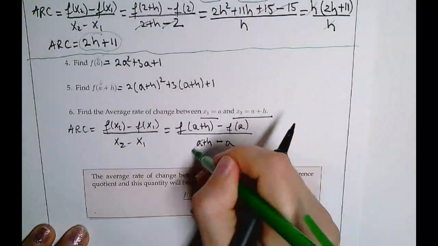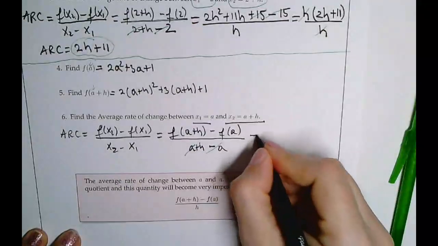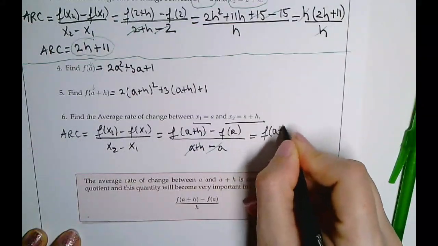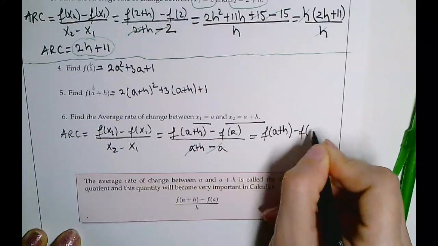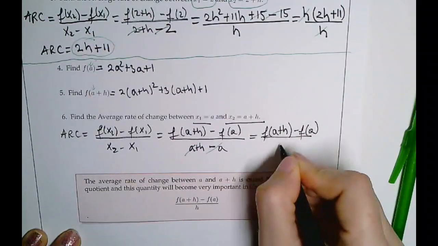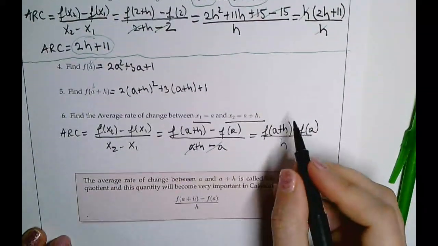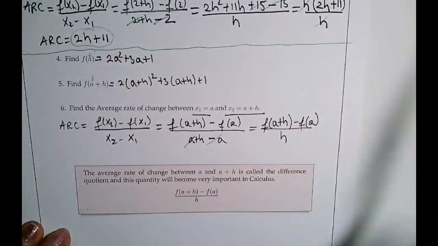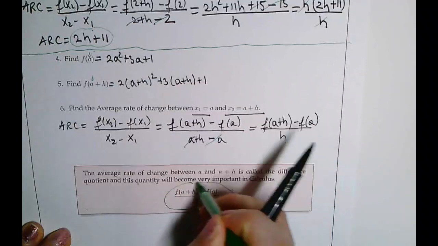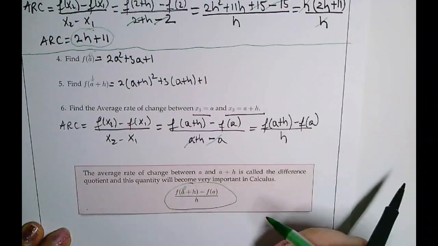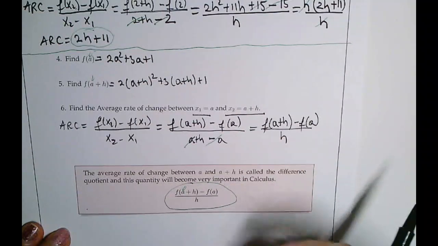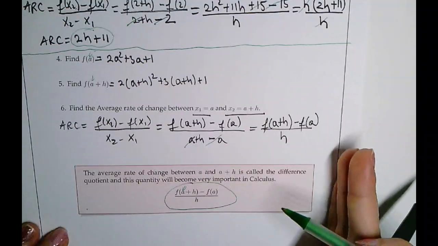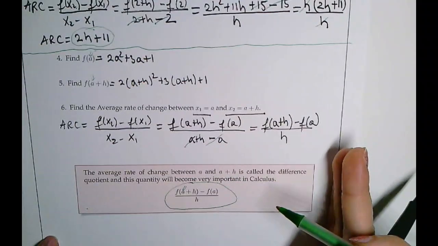So then you cancel the a's, and the result for the average rate of change between those 2 points is this. And this is called the difference quotient. And like I said, this is going to help you calculate the derivative at a certain point, a, at a certain x, which is a in this case, for that function f.